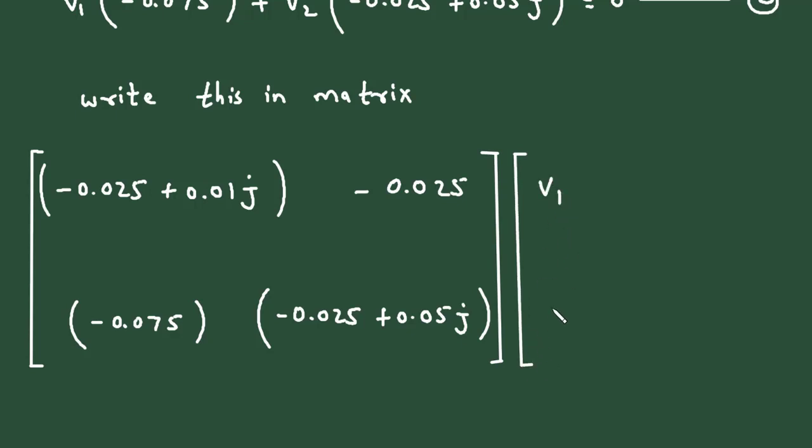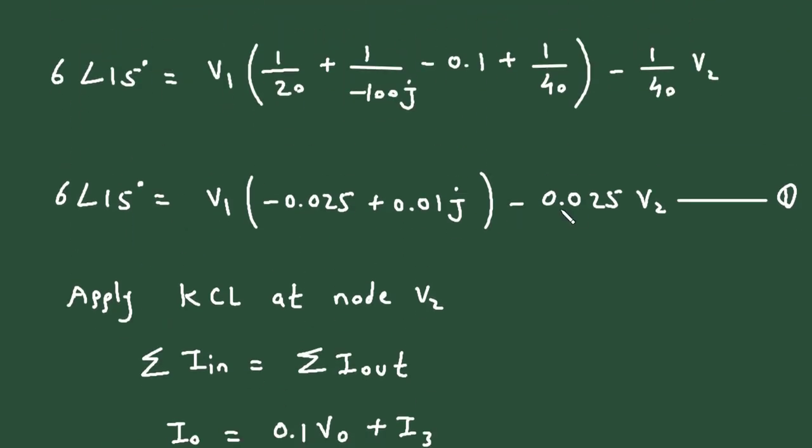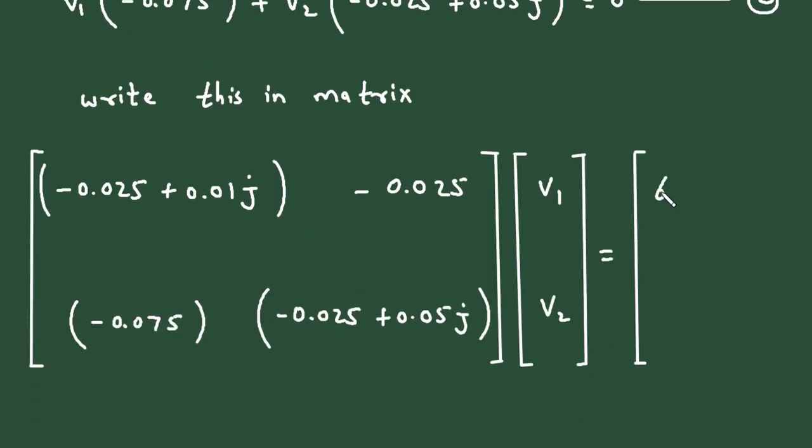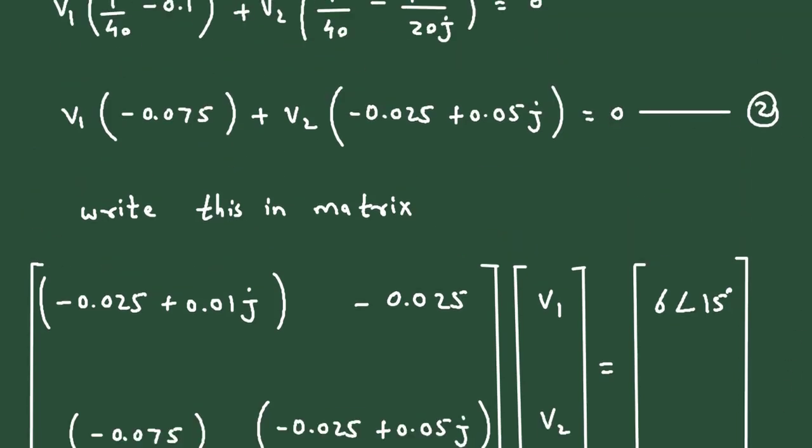Then this will be V1 and this will be V2, is equal to, from equation 1 it is equal to 6 at an angle 15 degree, and from equation 2 it is equal to 0.